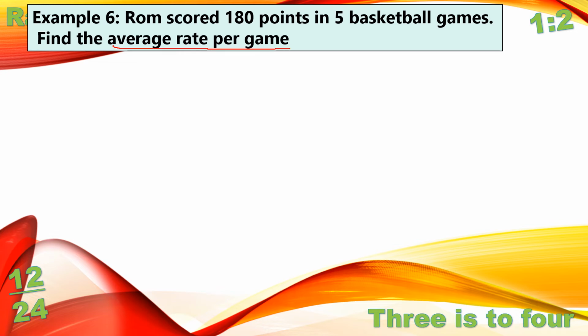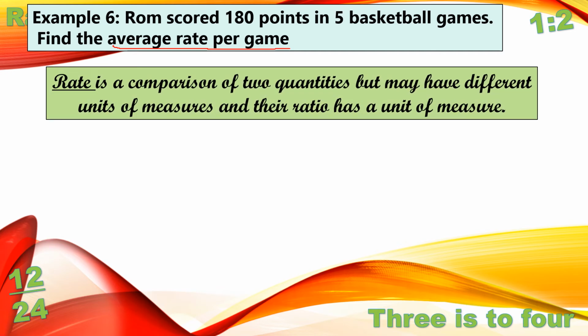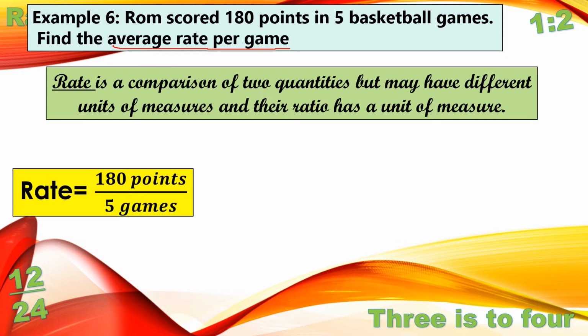So, by the way, what is rate? So, rate is a comparison of two quantities that may have different units of measure, while a ratio has the same unit of measure. So, rate equals 180 points to 5 games.